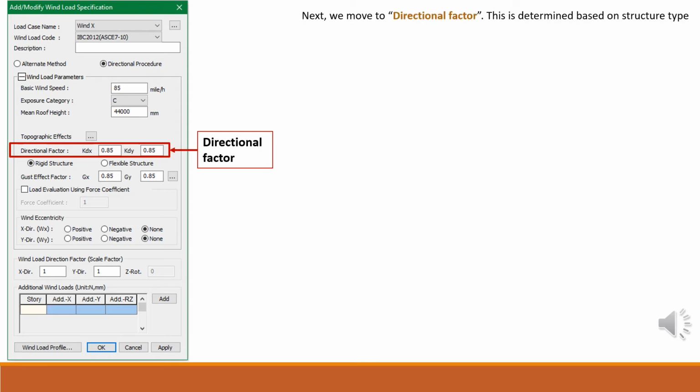Next, we move to directional factor. This is determined based on structure type.